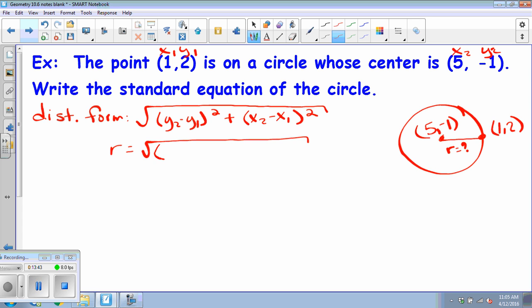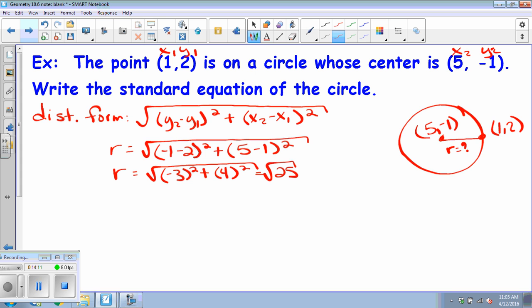And so it's -1 minus 2 squared plus 5 minus 1 squared. So that's -3 squared plus 4 squared, which is 9 plus 16, which is 25, right? So it's the square root of 25. So the radius equals 5.